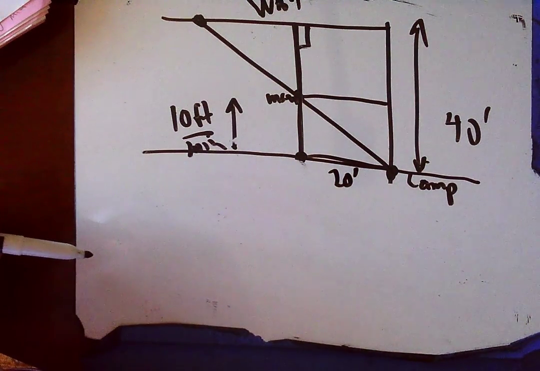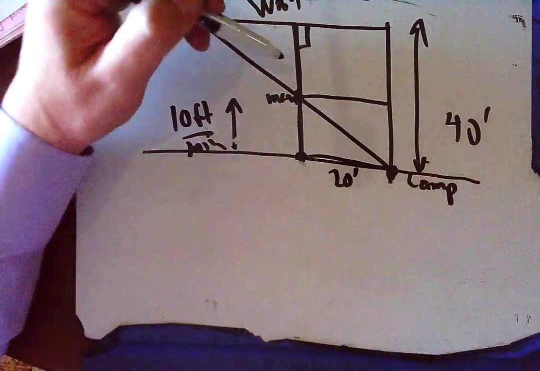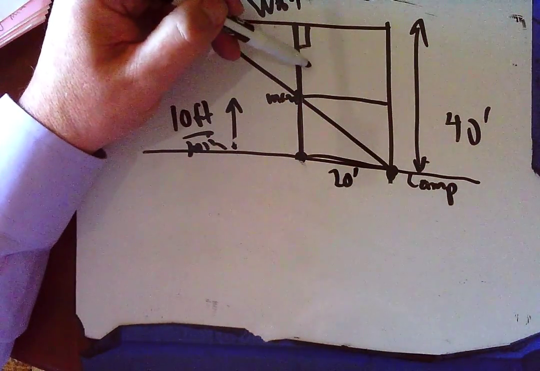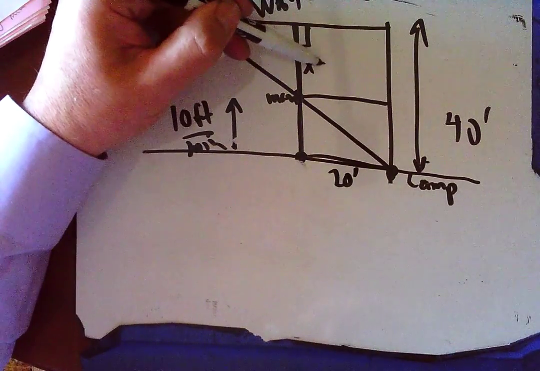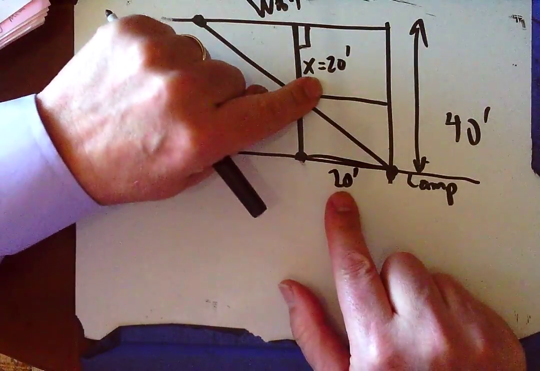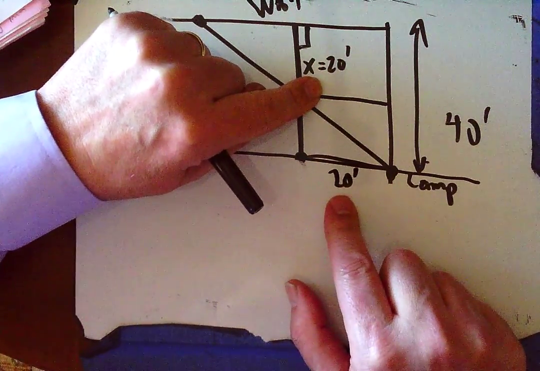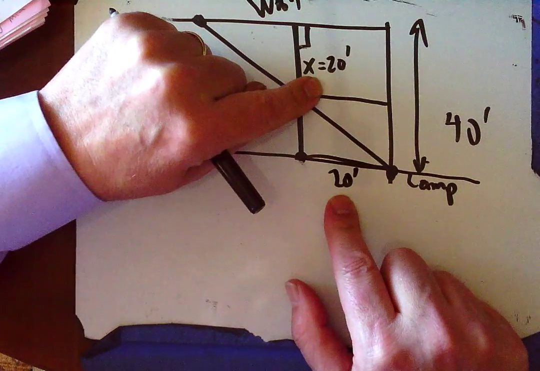Find the rate at which the man's shadow is moving along the wall at the instant when the man is 20 feet from the wall. Okay, so let's call this x, and x equals 20. Now these are two very, very different 20s. This is a constant. This is not changing.